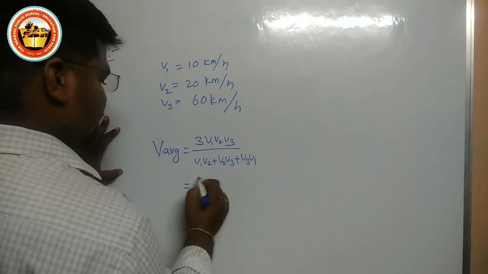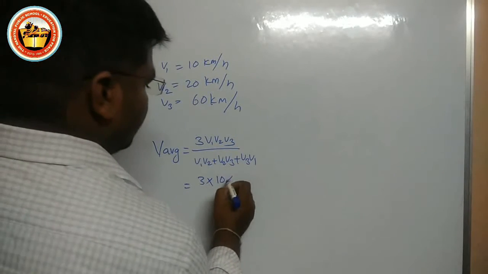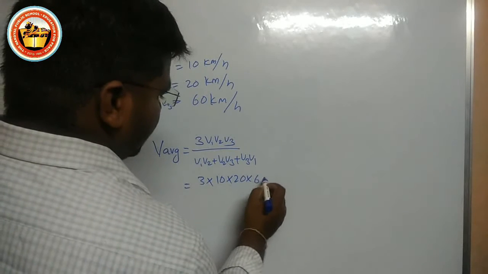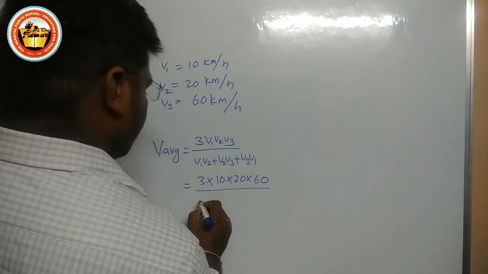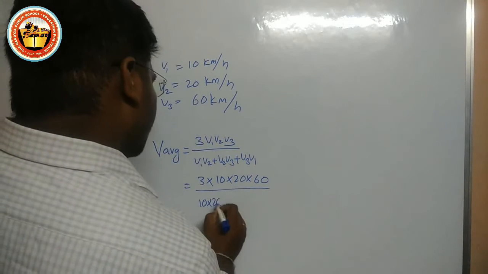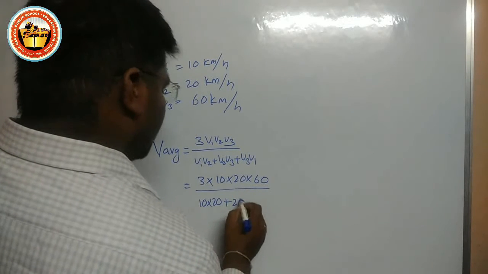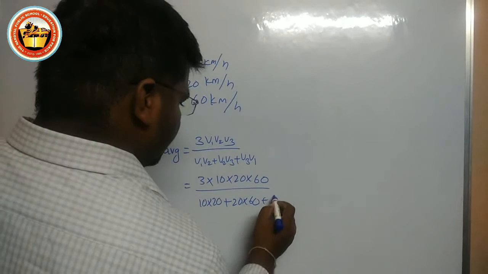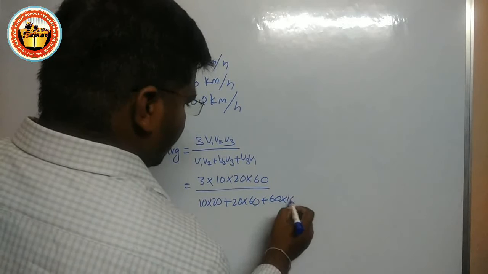3 into 10 into 20 into 60, divided by 10 into 20 plus 20 into 60 plus 60 into 10.